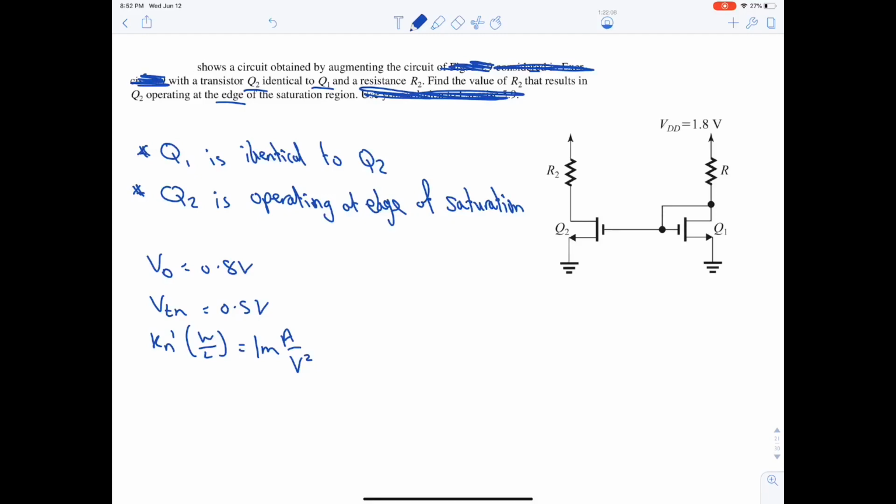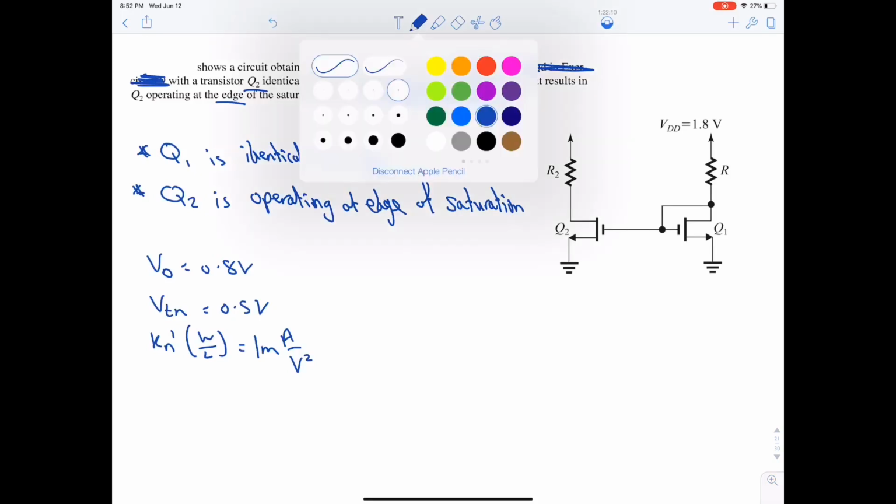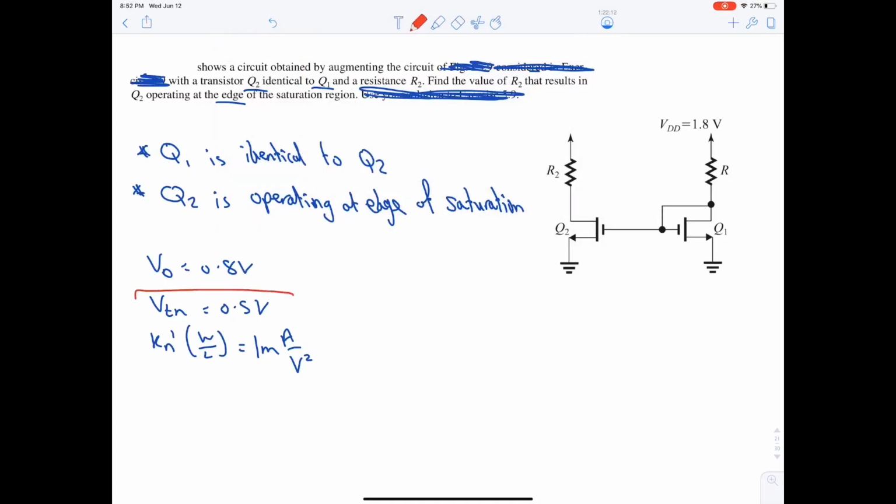So here, Q1 is identical to Q2. What does this mean? It means that these two numbers are the same for both MOSFETs. And Q2 is operating at edge of saturation. Okay, what about Q1? Which region is it operating in? Look at this connection between VG1 and VD1. Hence, it's saturation.